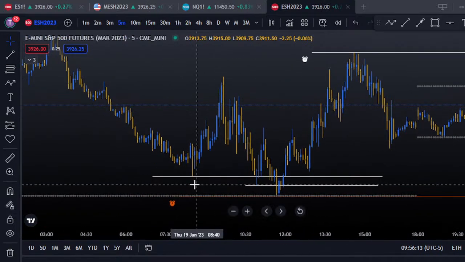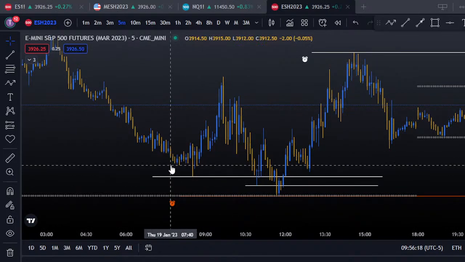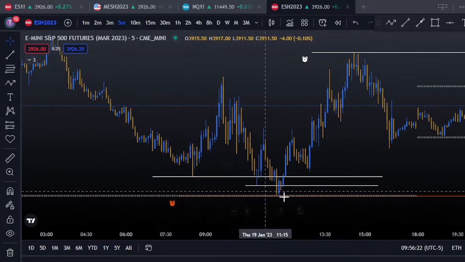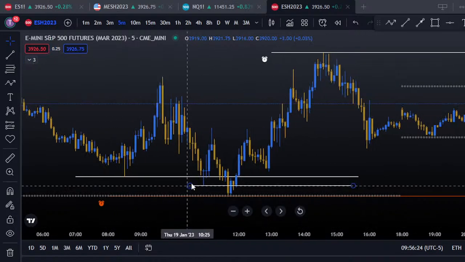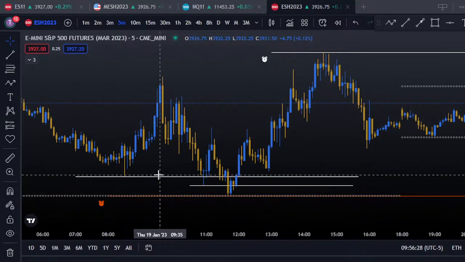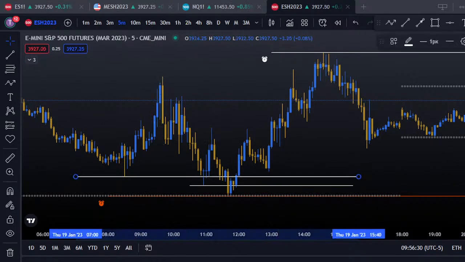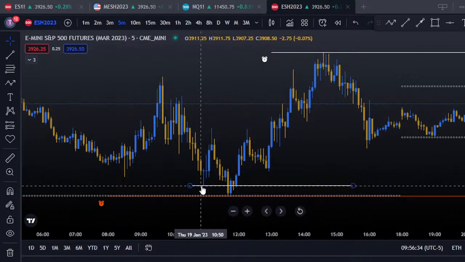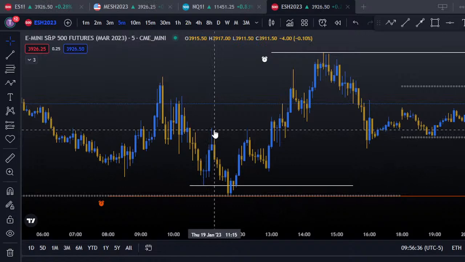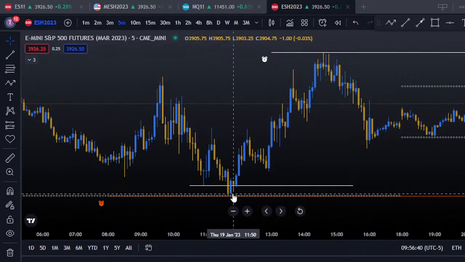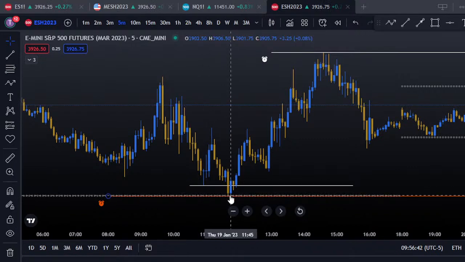Price made this low at 8:30. This was also a play because it kept coming down, dropped, took that out, went up. But let's just show this one because it has a swing. So you see this one. Let's take that off. Price at 10:55 violated that, went back up, came down and violated this swing again. Once it violated this swing, you get a rejection.